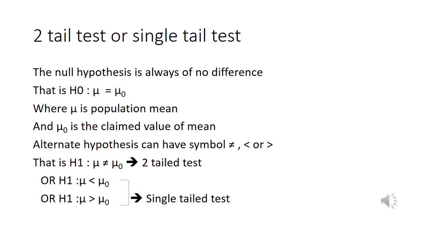So when the alternate hypothesis has greater than or less than symbol, we apply single-tailed test. And if the alternate hypothesis has not equal to symbol, two-tailed test is applied.